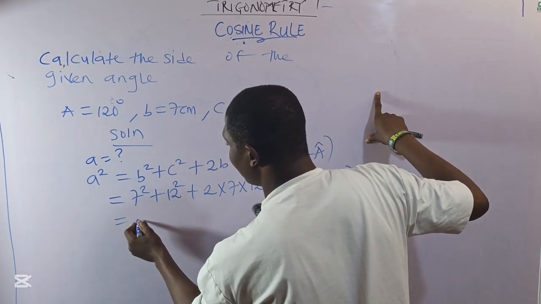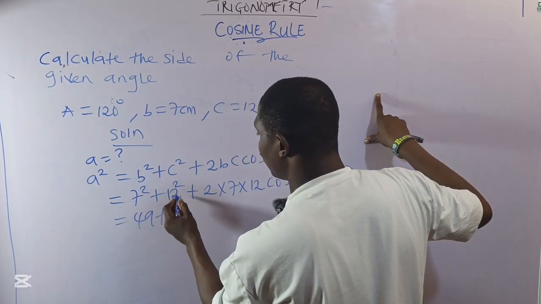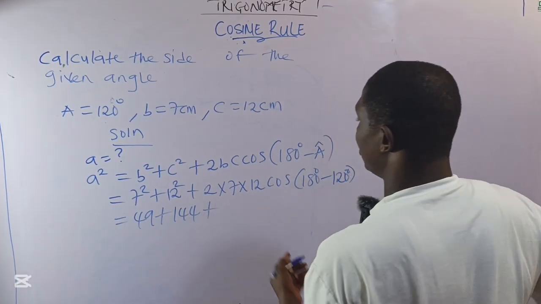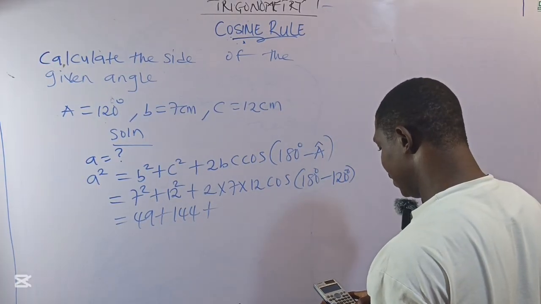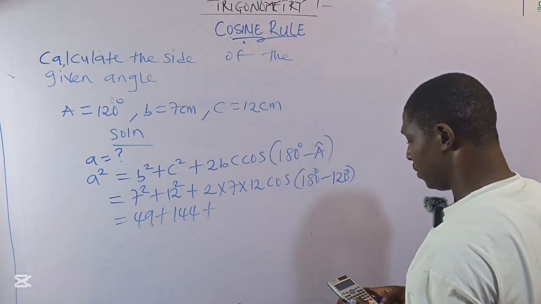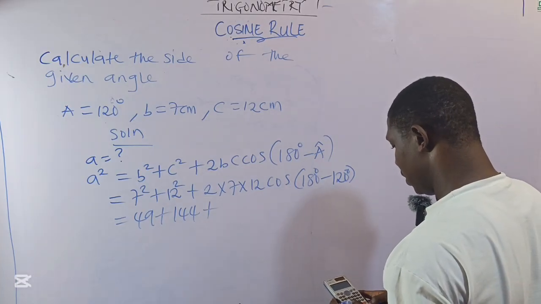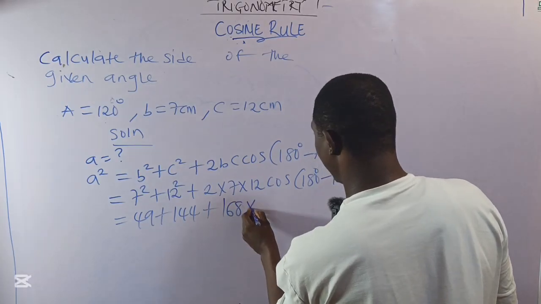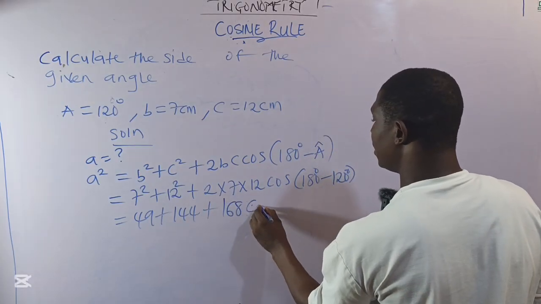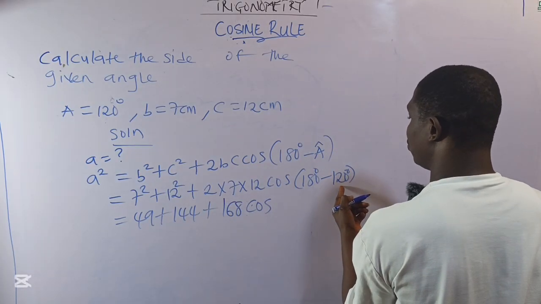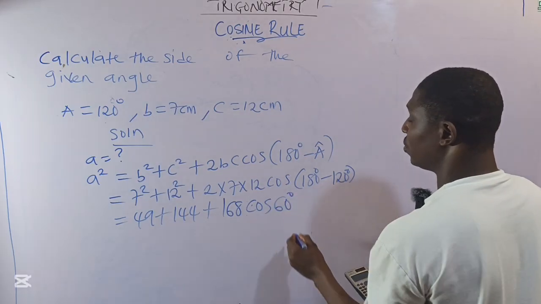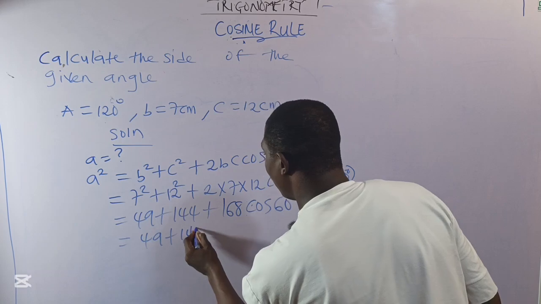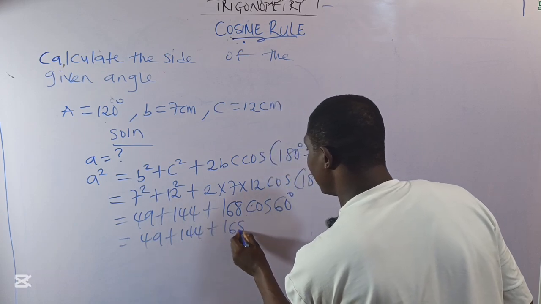So we have 7 square as 49 plus 12 square as 144 plus 2 times 12 is 24, and 24 times 7 gives me 168. So I have 168 cos 180 minus 120 will give me 60 degrees.